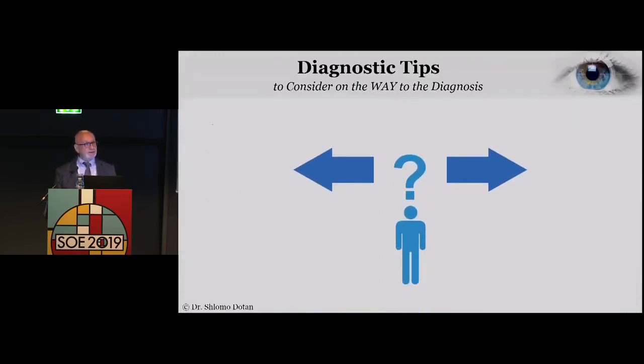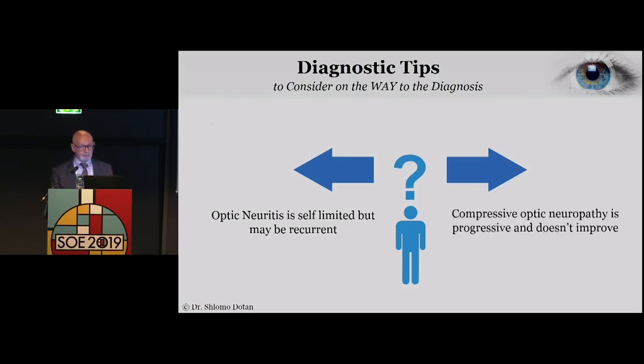And we have the smaller diagnostic tips that will help us in working up these cases. We all know that optic neuritis is a self-limited disease, but may recur. Compressive optic neuropathy is progressive, and it doesn't improve.